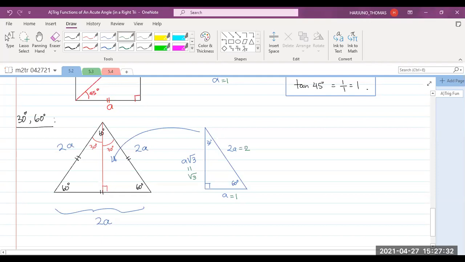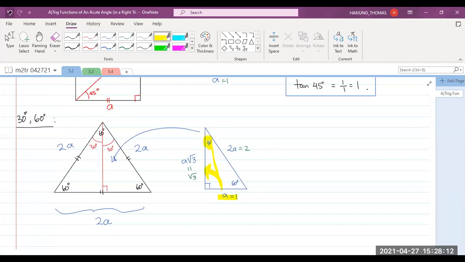Okay, now in a 30-60 degree right triangle, the shortest side must be the opposite of 30. The ratio from the shortest to the longest is 1 to 2. While the ratio from the shortest to the other leg is radical 3.